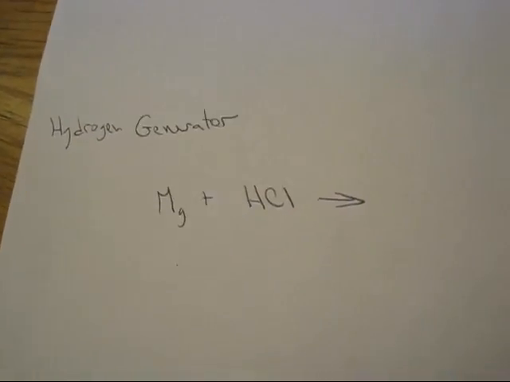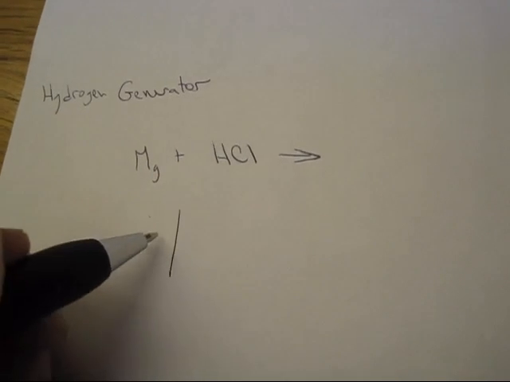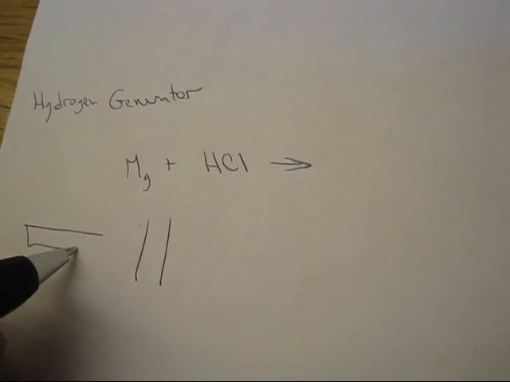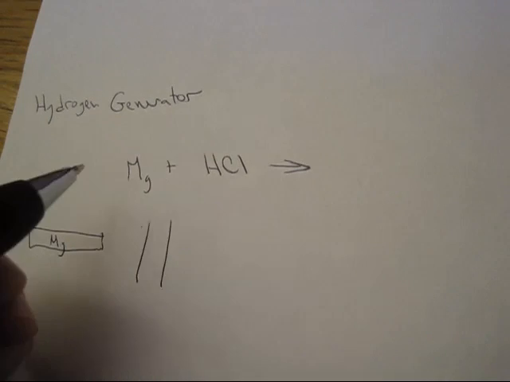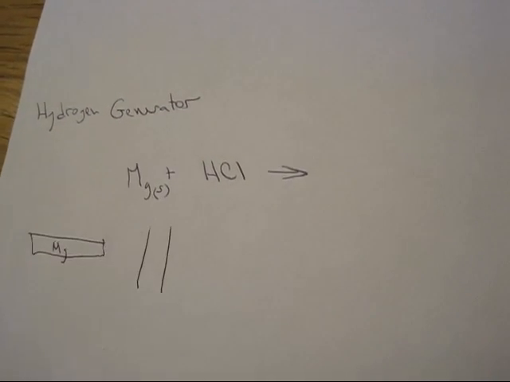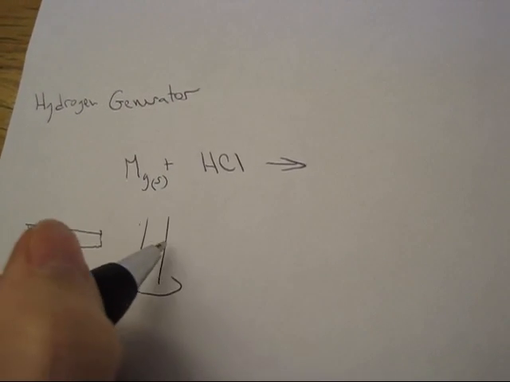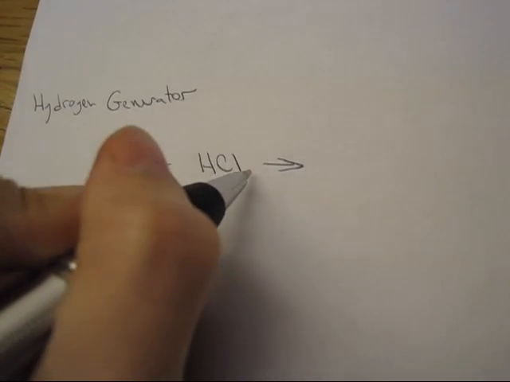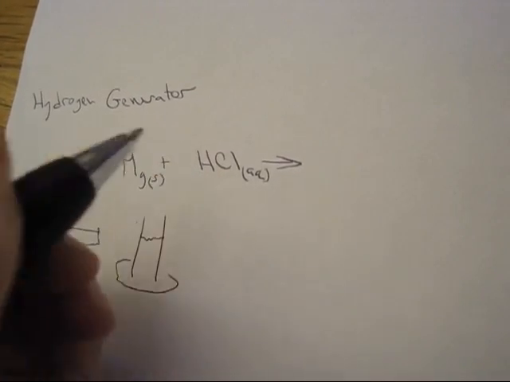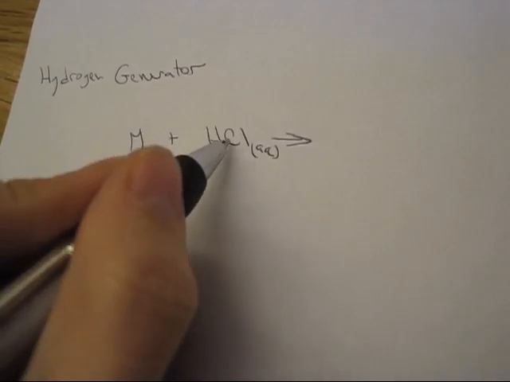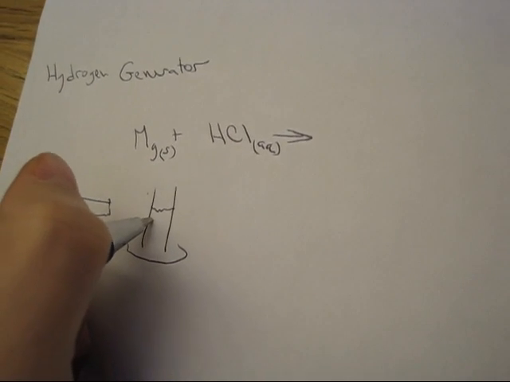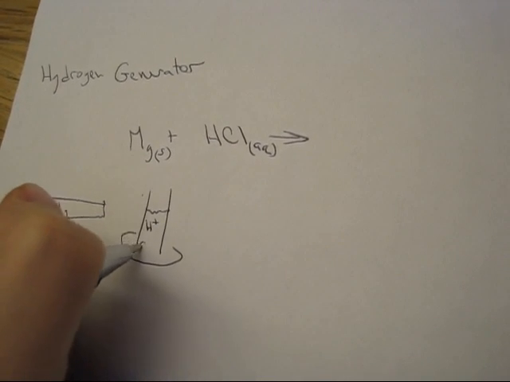So what happened in the hydrogen generator? Well, we started out with a strip of magnesium. I'm just going to write Mg and we're going to put an S here for solid. And in my graduated cylinder, I had a clear liquid, but this was aqueous because we had something dissolved in it. HCl was dissolved in it. So H plus, Cl minus.